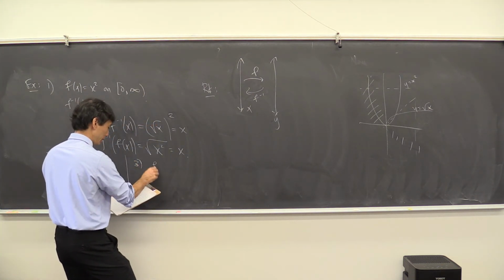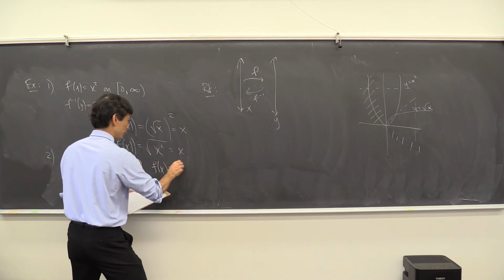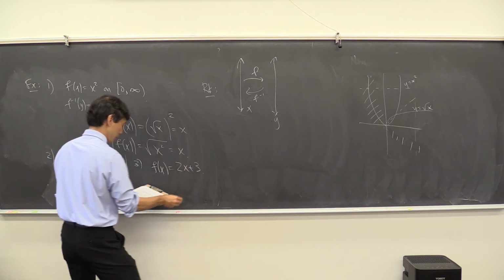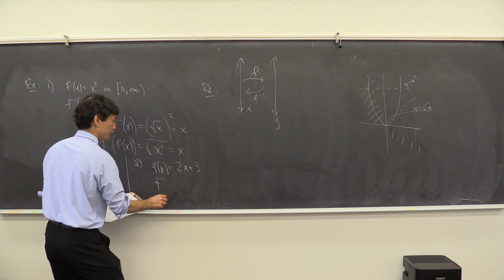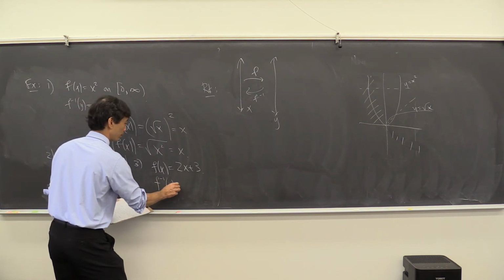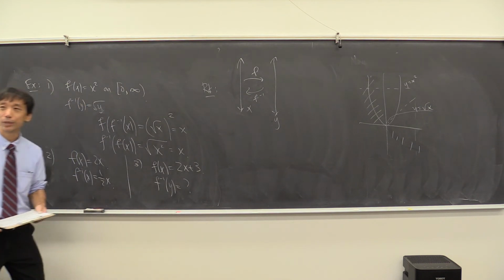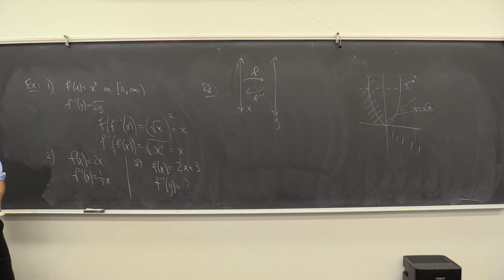More complicated example: f of x equals 2x plus 3. What's the inverse function here? I'll let you figure it out. See if you can figure it out. What function will undo f?